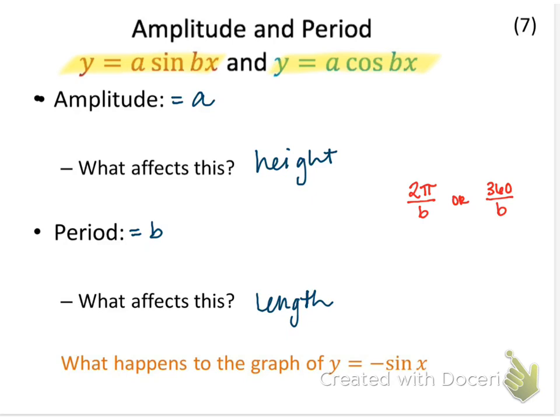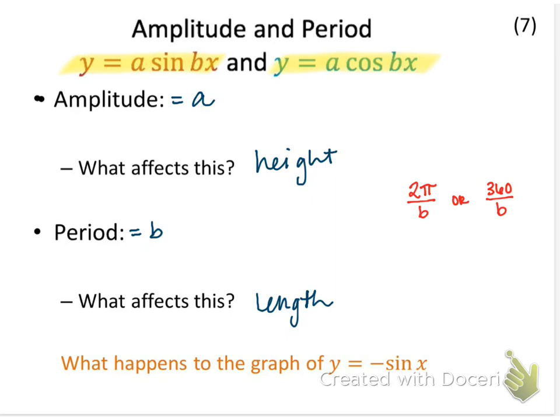A couple things to note. If we do not have a b value, if we are just looking at a normal sine or normal cosine curve, one period is going to be the length of 2 pi or 360 degrees because it is one cycle around the unit circle. However, this b value can change. So for example, if I have a b value of 2, I'm going to see 2 waves within 360 degrees or within 2 pi.